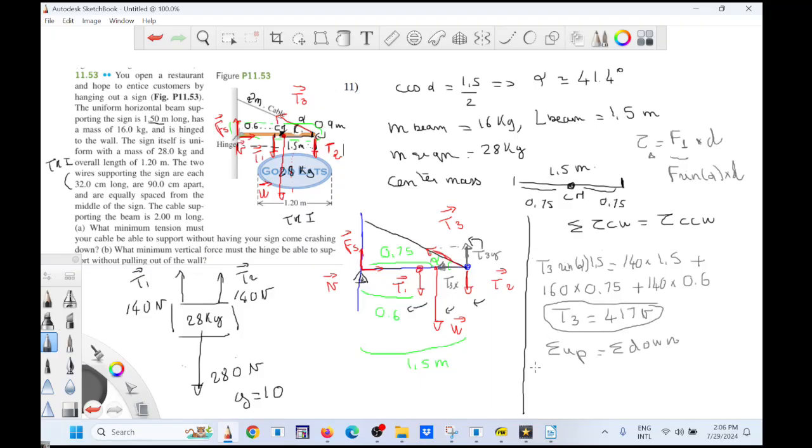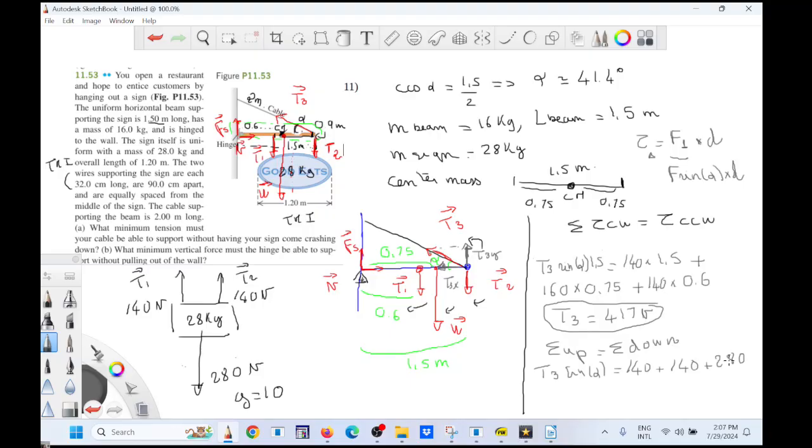So up will be T3, and then up is again the sine, so it's going to be sine alpha equals down. You have the 140, plus another 140 plus 280.